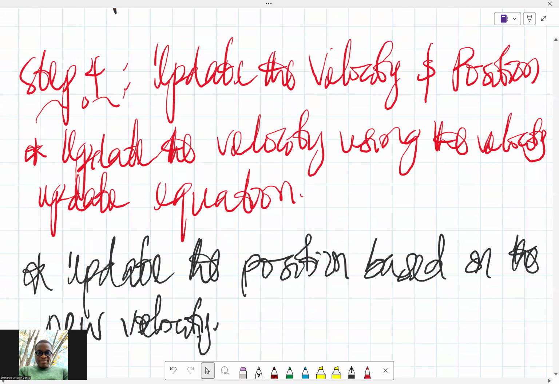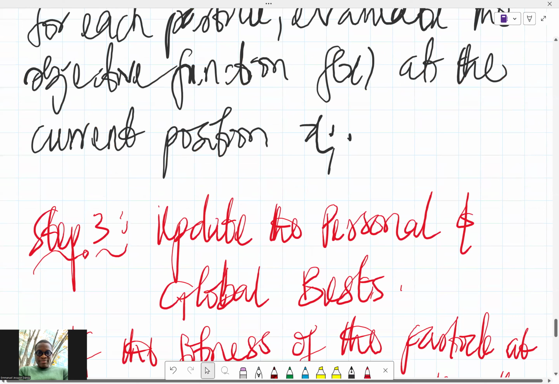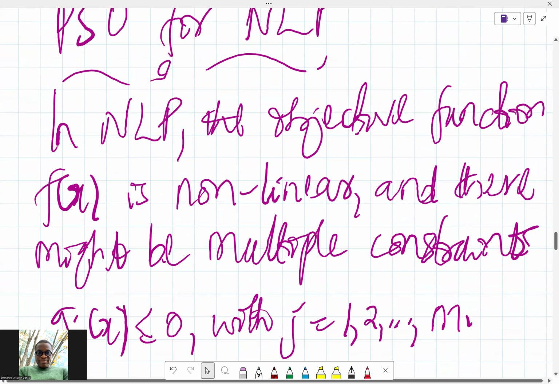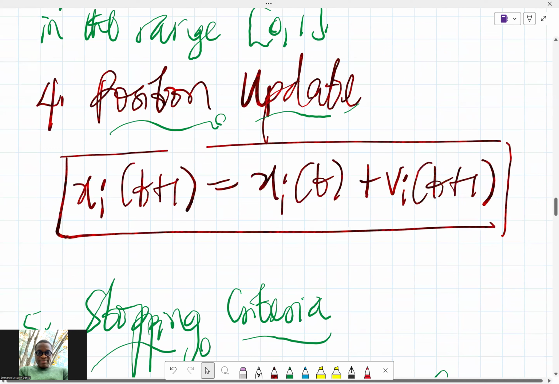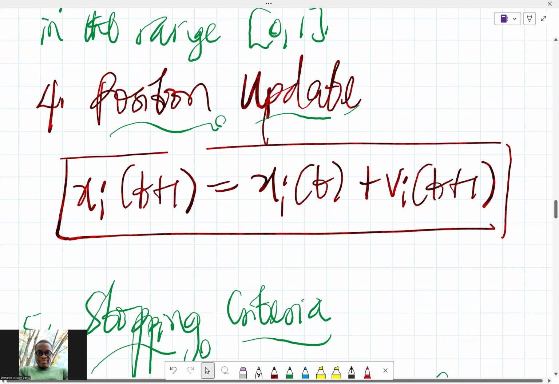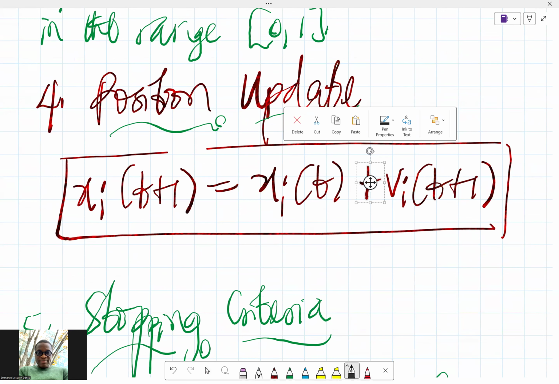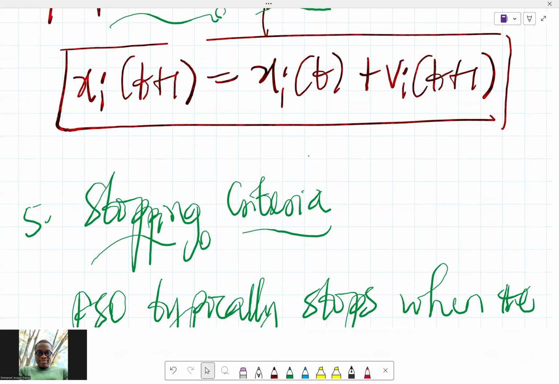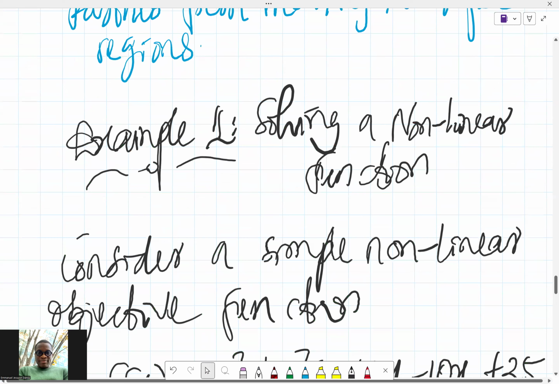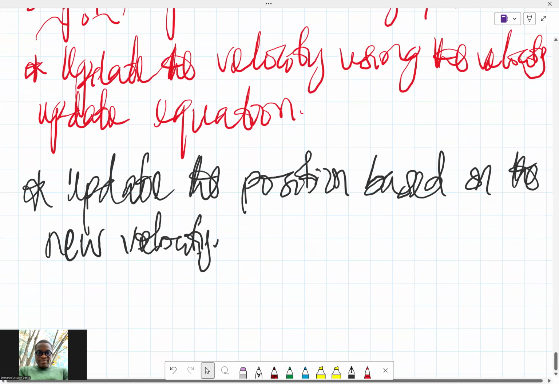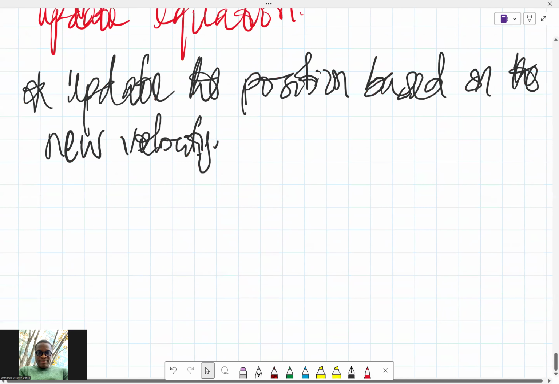I'll flash that also for a few seconds. This is the position update equation right there. You see that at time t plus 1, you need the velocity for t plus 1 and the position for t to update the position. With that in place, we go to step 5, where we repeat, like they say, rinse and repeat.